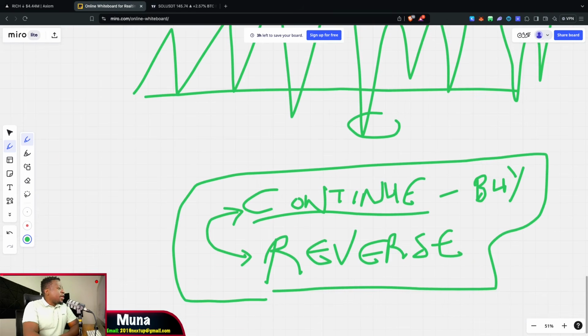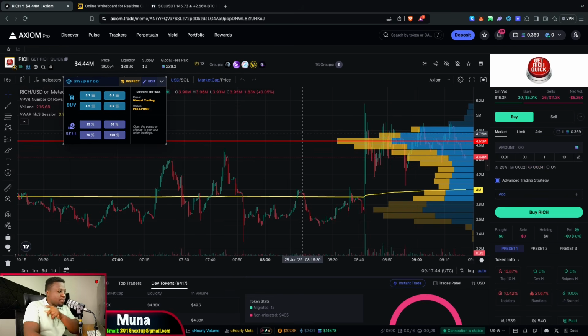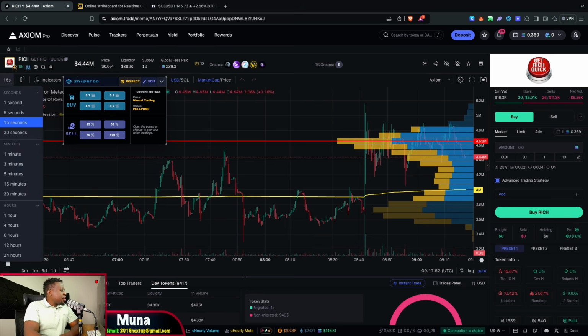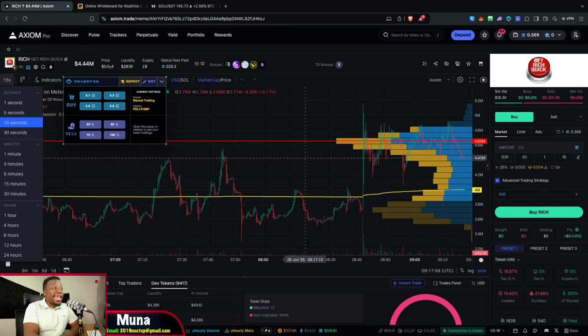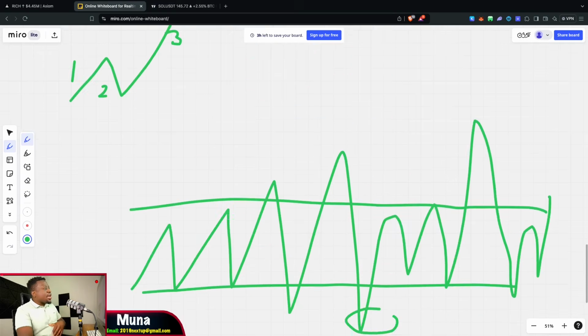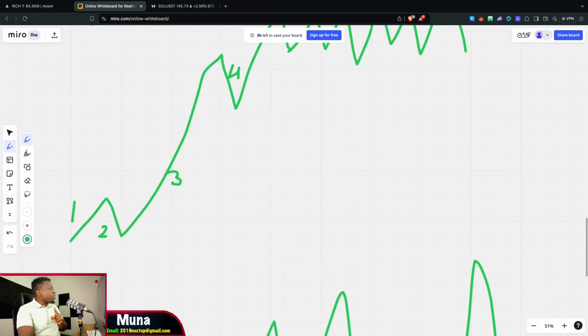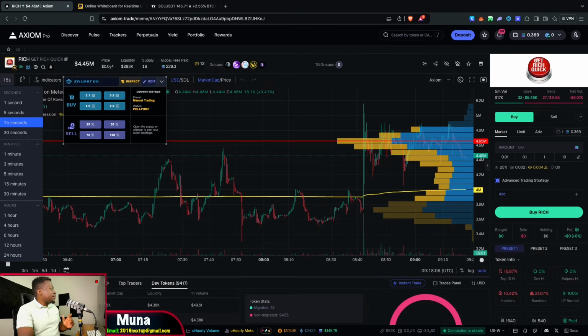The reason why I was giving you this is that everything we talked about: Elliott wave, VWAP, visible range, volume profile, is going to occur when you're trading meme coins, especially freshly created meme coins. You're going to have to analyze all these concepts on a small time frame. So when a meme coin is created, let's take, for example, this one.